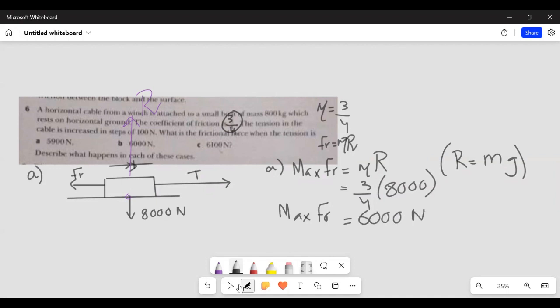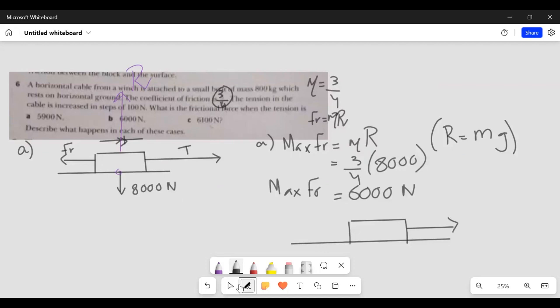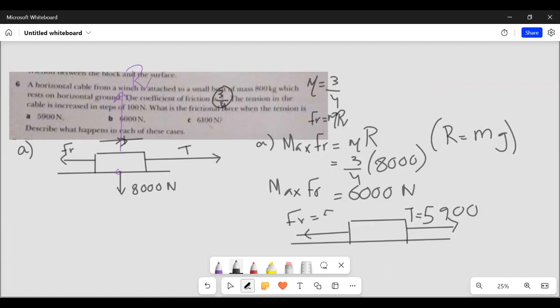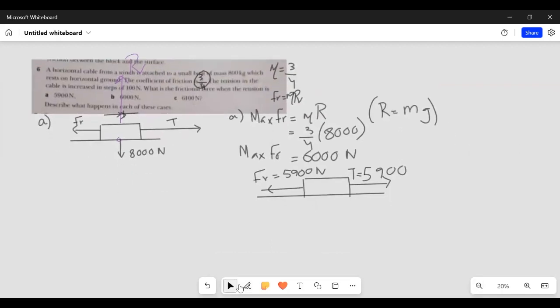तो जब टेंशन 5900 न्यूटन्स की है, क्या आप मैक्सिमम फ्रिक्शन से कम फोर्स अप्लाई कर रहे हो. 5900 न्यूटन इज द टेंशन, तो फिर फ्रिक्शन भी सेम वैल्यू ले लेती है. फ्रिक्शन शुड ऑल्सो बी 5900 न्यूटन्स एंड इट विल नॉट लेट द ऑब्जेक्ट मूव, क्योंकि आपने जो फोर्स अप्लाई की है वो मैक्सिमम फ्रिक्शन से कम है.